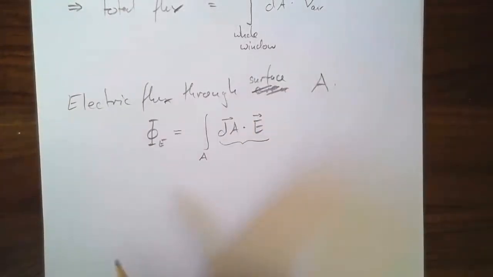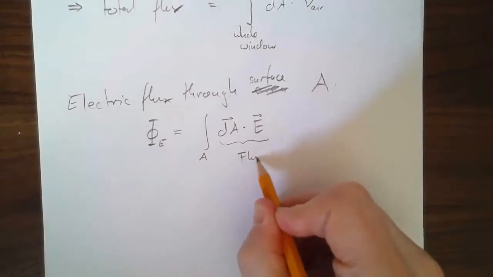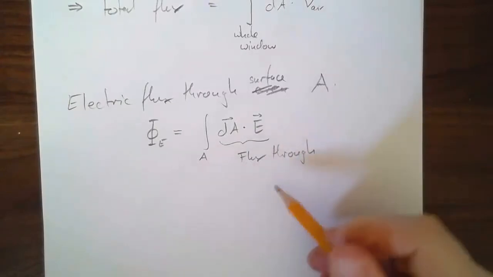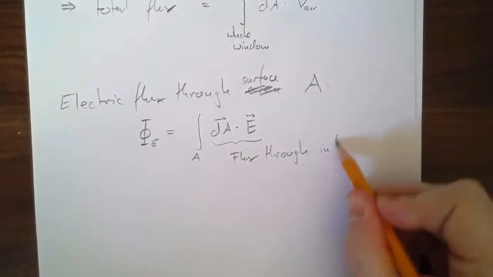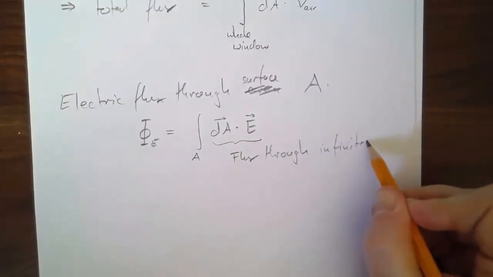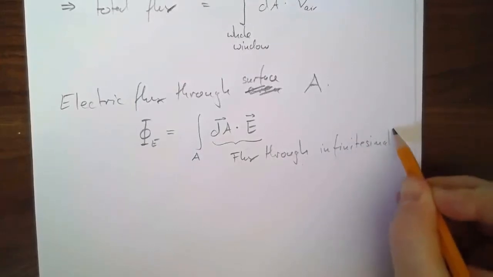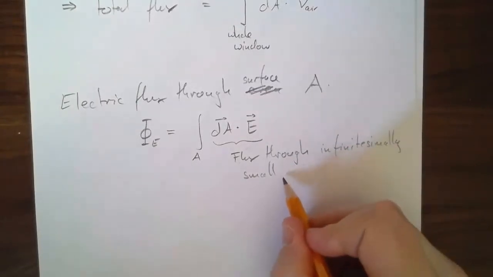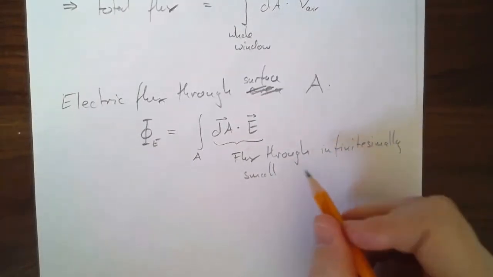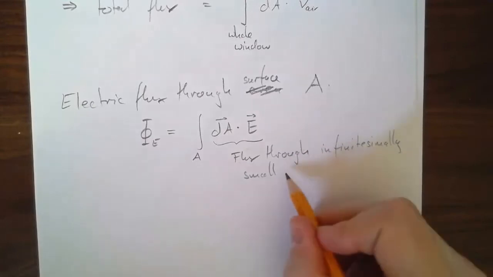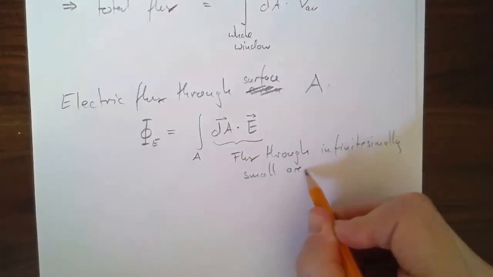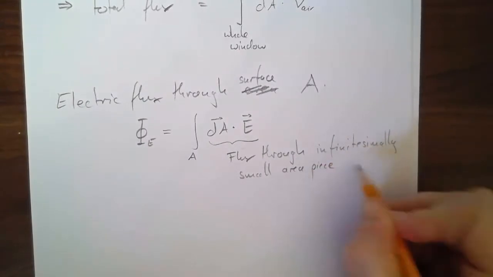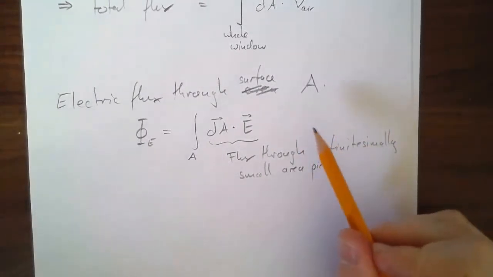So let me just annotate this again. This part is the flux through the infinitesimally small area piece, or a little surface piece, one of those tiny little squares.